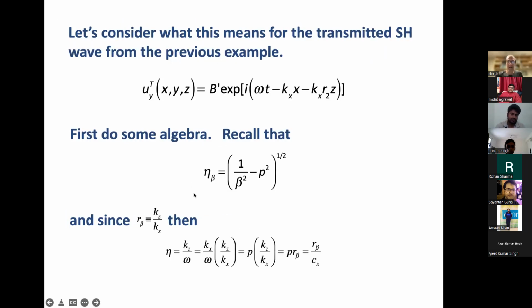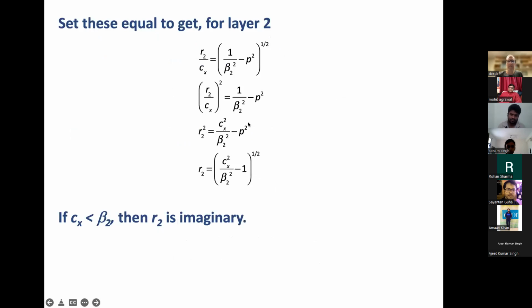So we have one formula for eta sub beta equals the square root of 1 over beta squared minus p squared, and another formula, eta equals r sub beta over c sub x. We'll set them equal, and with a little algebra we find that r sub 2 equals the square root of c sub x squared over beta 2 squared minus 1.